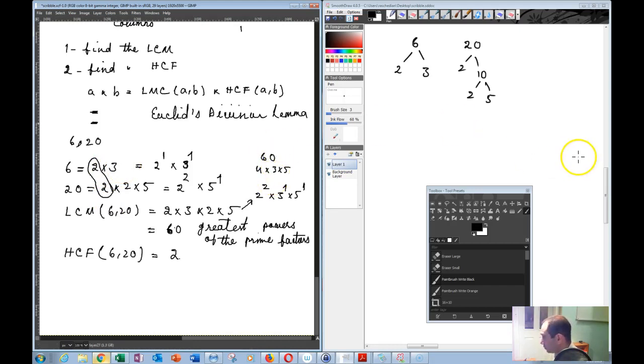And the HCF you can state formally as the smallest powers of the common factors.